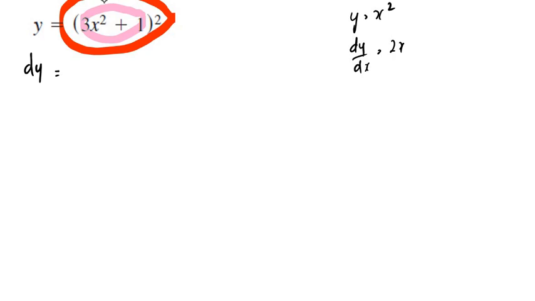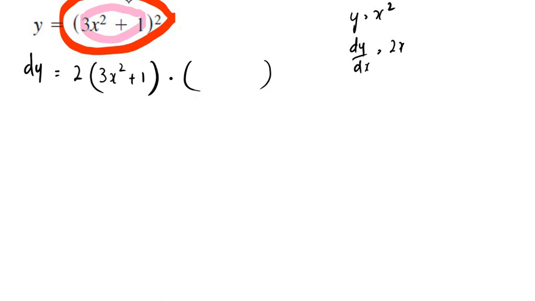So dy over dx is, now we differentiate first the mother function, which is 2 times the baby function. So it is 3x squared plus 1. We do not change the baby function.